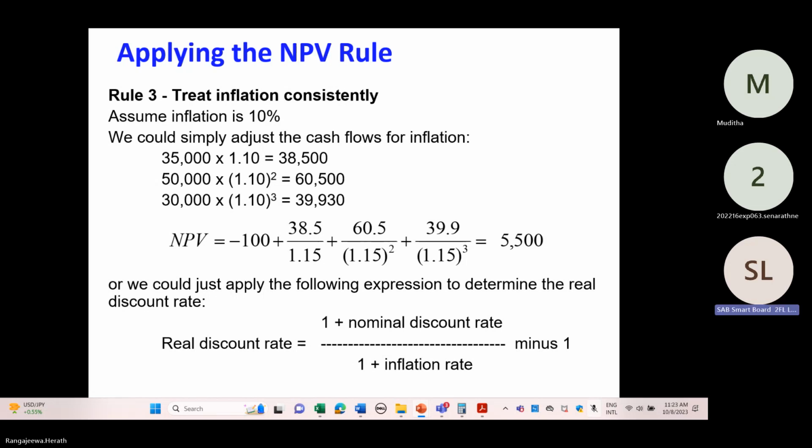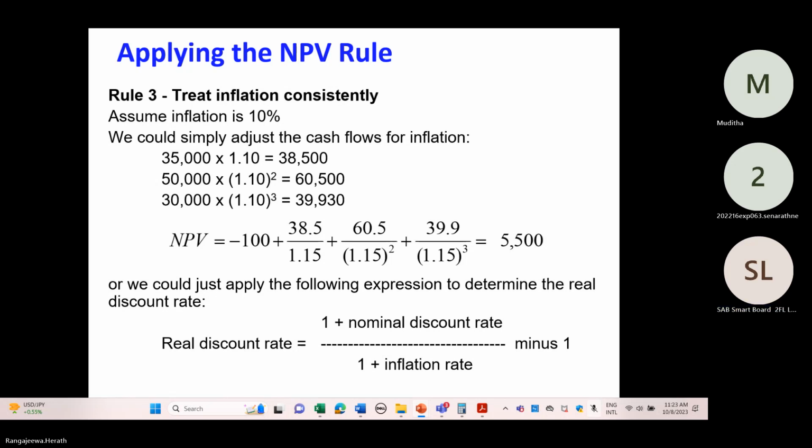So here you are getting 5,500. So cash flows nominal, discounted using the nominal interest, nominal discounting factor. Since you are given the real discount factor, we convert that into nominal discount by reversing the inflationary adjustment.